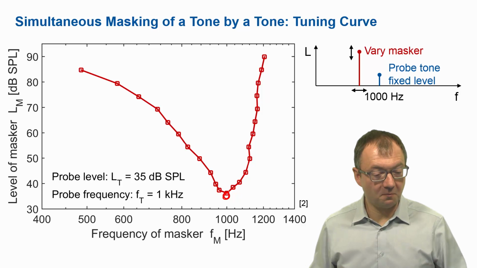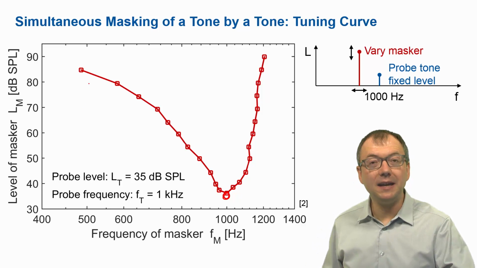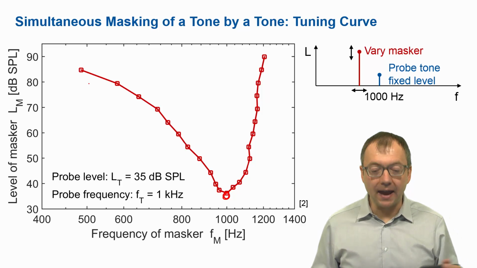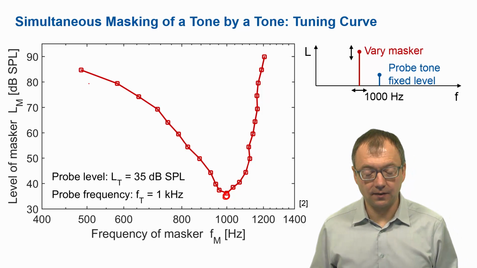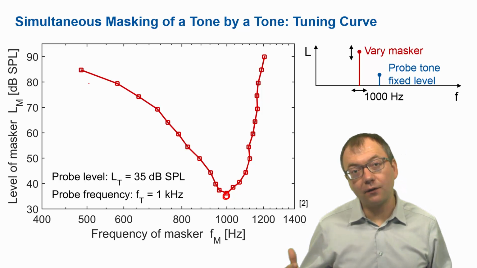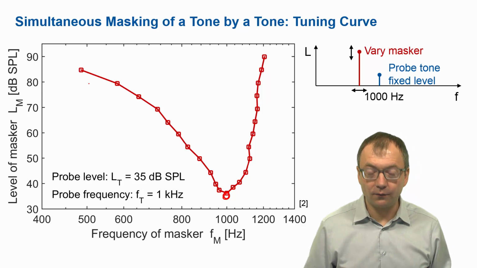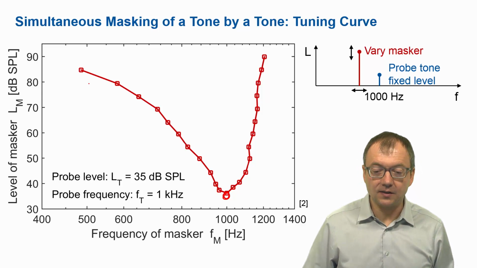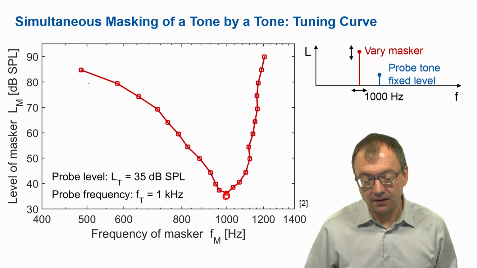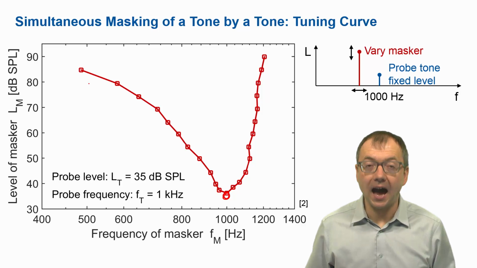So see here, for a masker of about 500 hertz, the masker has to be 80 decibels to mask the probe at 1 kilohertz. And even more so if the masker is of a higher frequency, it will be very hard to mask a low frequency probe tone. And you see here that the tuning curve increases sharply towards the higher frequencies.